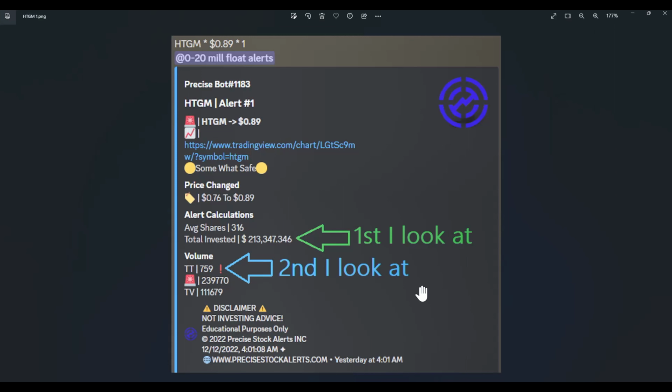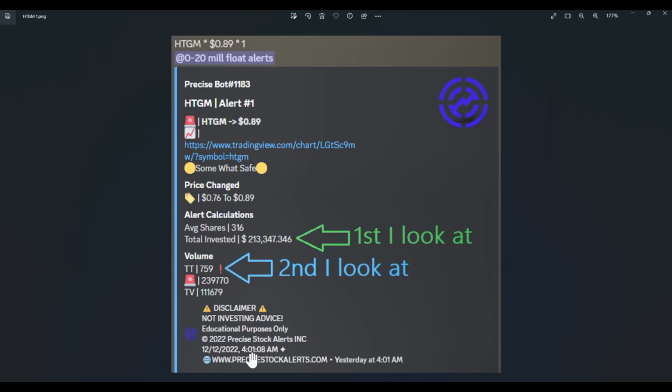Every alert, whatever data is displayed, is calculated in the last 60 seconds. It does not have to be the last candle. It's not the last 30 minutes, anything like that.